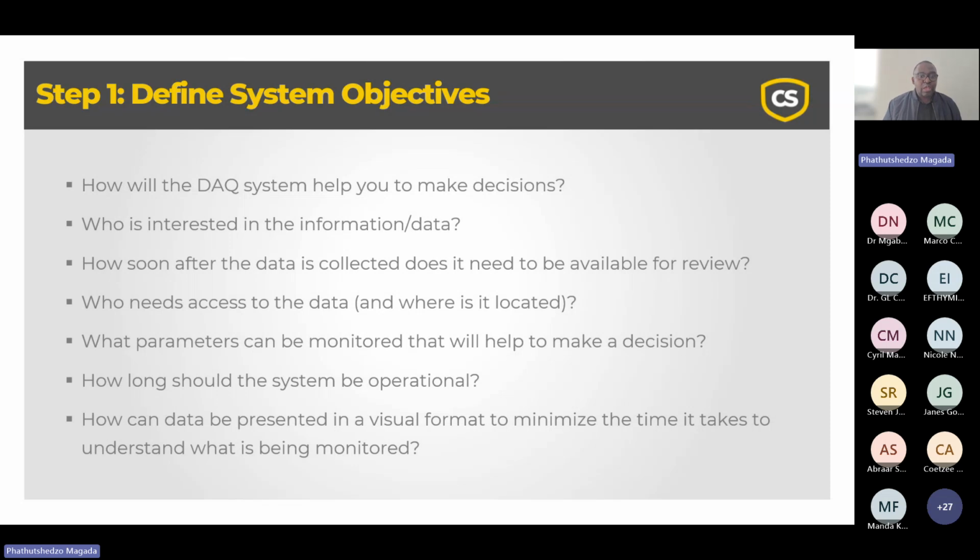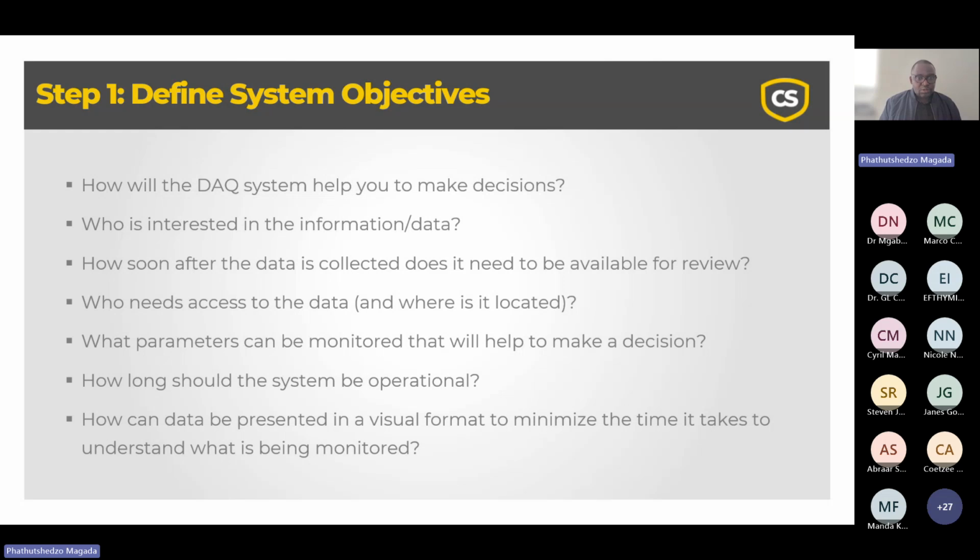How soon and after how long should the data be collected? And how long should the data need to be reviewed? When we ask all these questions, we will be able to choose the right brain for processing our data, and ensure that we are in a good space.